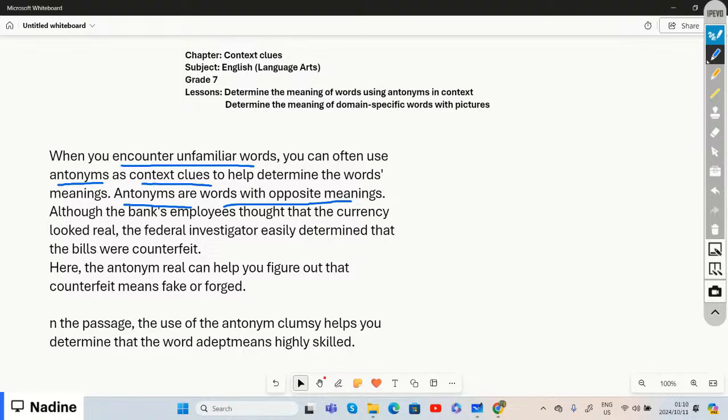If we look at that sentence where they say that the bills are counterfeit, here the antonym real can help you figure out that counterfeit actually means fake, or that you forged it.